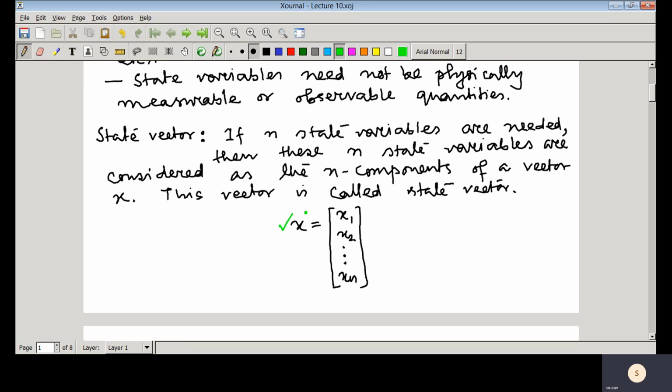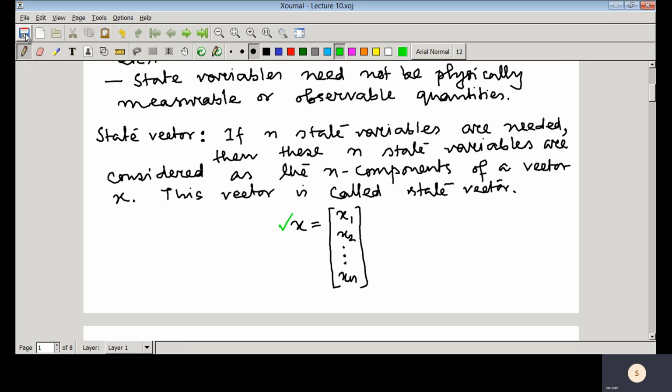Now what is state space? So from here it is clear that, suppose you have n number of state variables. So now the n-dimensional state space whose coordinate axes are x1 axis, x2 axis, xn axis, like that. That means if you have suppose two state variables, and you consider the two-dimensional space where one axis is denoted by one state variable and the other axis is denoted by the other state variable in this two-dimensional case.